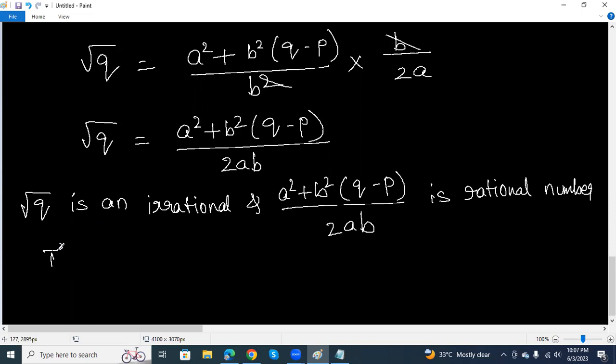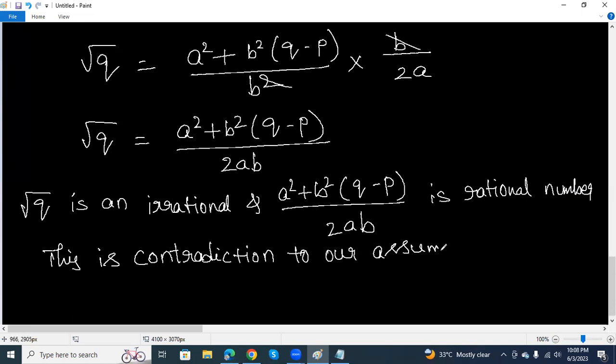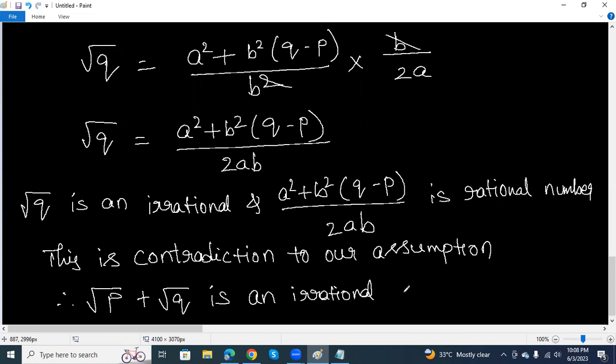So this is a contradiction to our assumption. Therefore, root p plus root q is an irrational number. Hence proved.